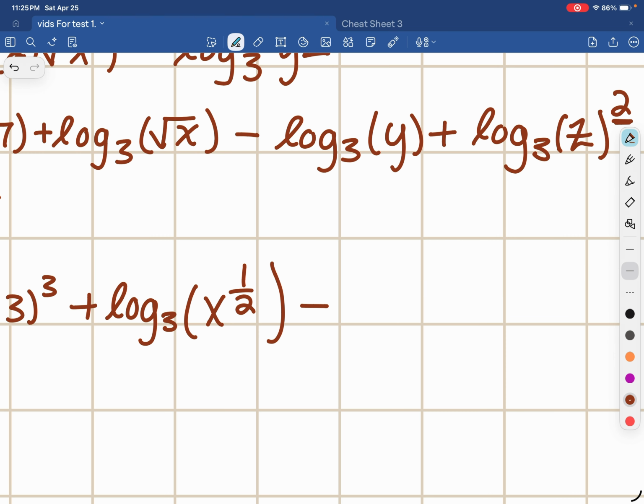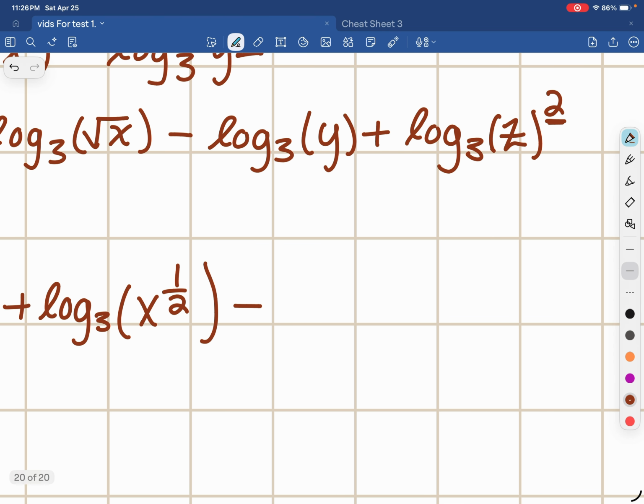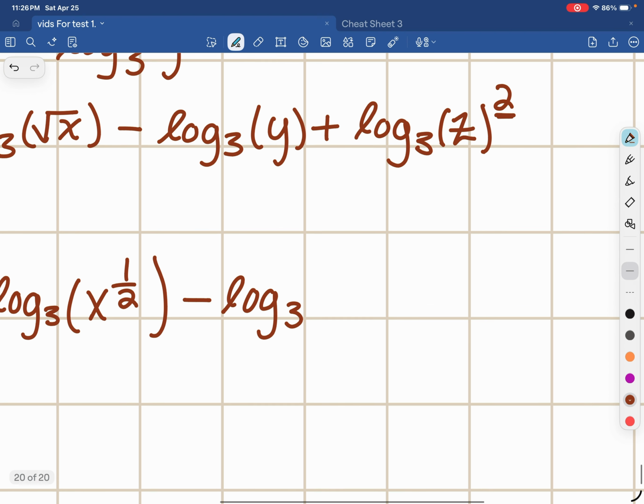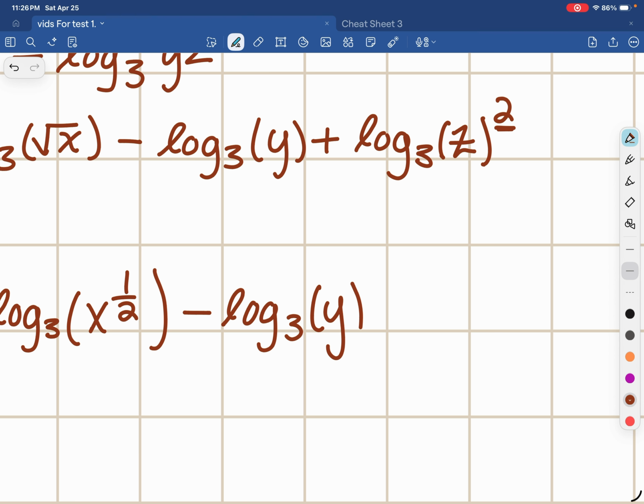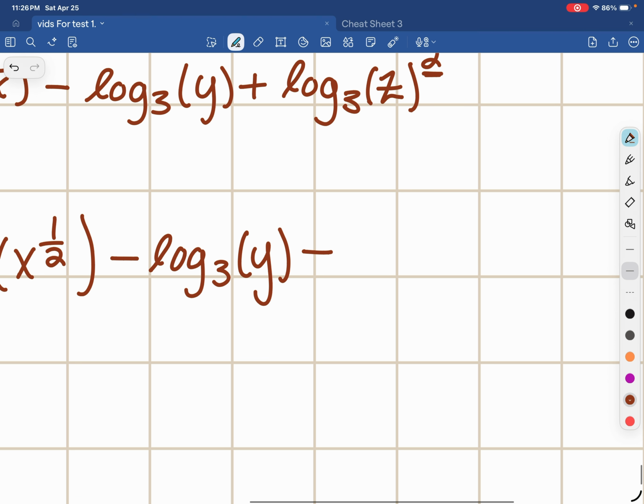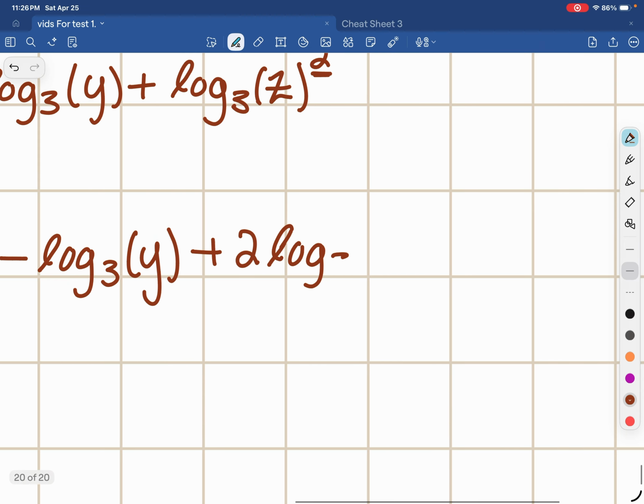And then we're going to do minus, nothing fancy here with the y, log base 3 of y plus 2 log base 3 of z.